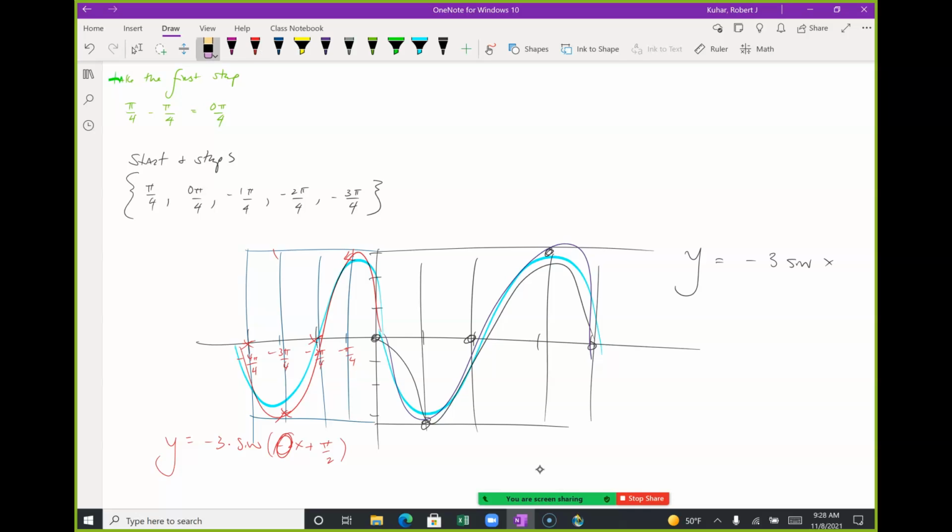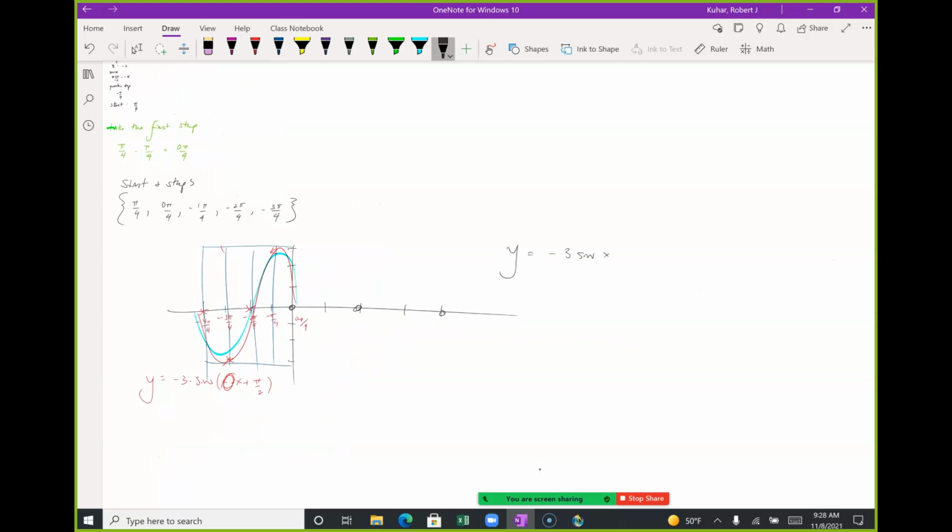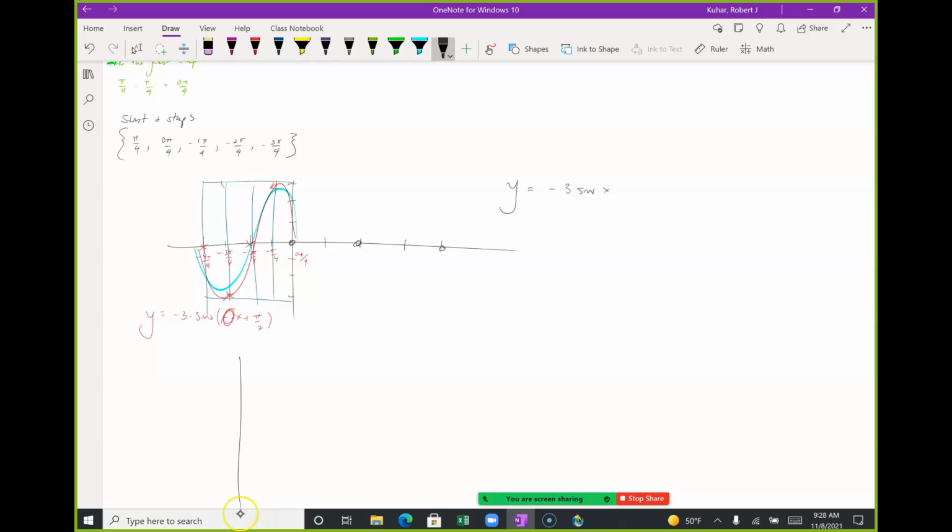And you're really only showing that piece of it. I don't care about this other stuff. This is 0 pi over 4. Oh, I made a mistake, didn't I? I'm supposed to start at 1 pi over 4. Sorry about that. Silly Robert. So here are my tick marks. Sorry.